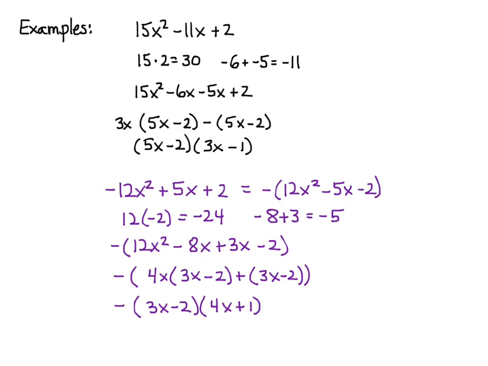Okay, so let's move forward a little bit. You should try these. Or try this one. This one's all positive. So the first step then is to do what? Multiply 5 by 9.